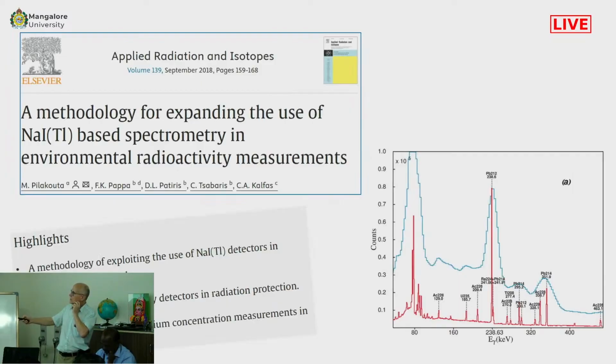All right, this is almost the final slide. I didn't look through this paper, but perhaps you might look through it, because they say that there are some new ways to do scintillation spectrometry for environmental sample measurements.